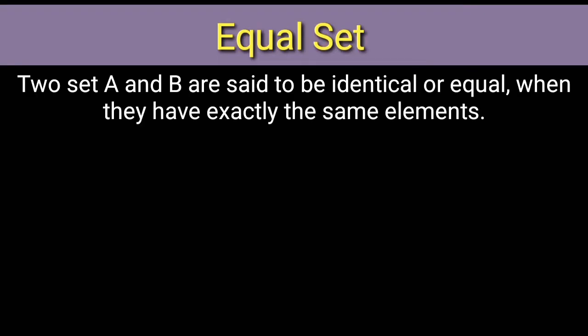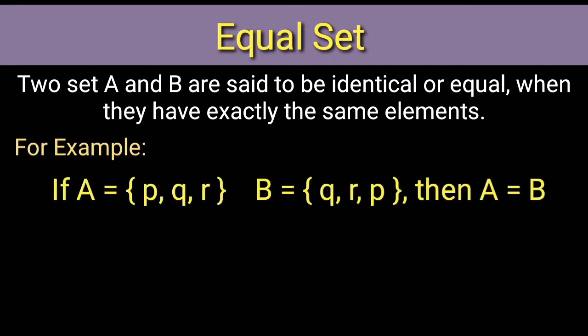Equal sets. Two sets A and B are said to be identical or equal when they have exactly the same elements. For example, A = {P, Q, R} and B = {Q, R, P}. The elements are the same, so A will be equal to B.